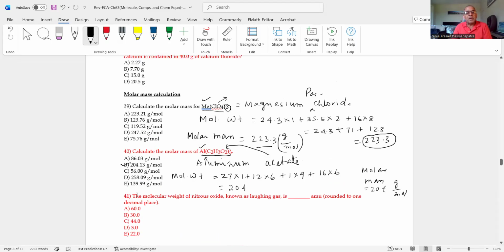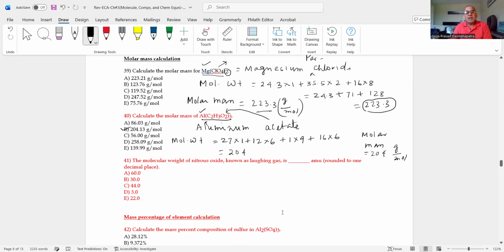Question number 41 is slightly different. They are asking the molecular weight of nitrous oxide. Actually, it is a compound between nitrogen and oxygen. Nitrogen and oxygen react with each other and produce molecular compounds because nitrogen is a non-metal, oxygen is a non-metal.